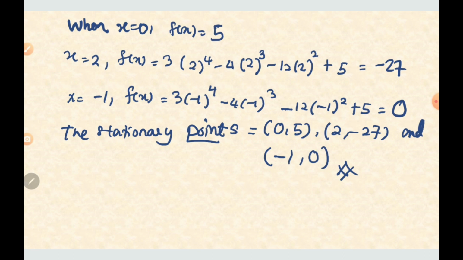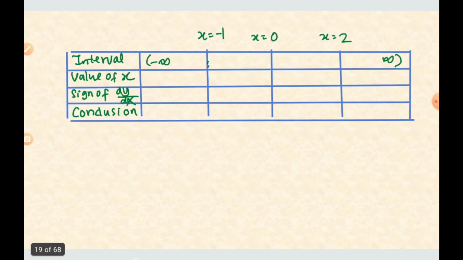Okay, then we need to determine the nature of the function. Stationary here means maximum or minimum; we don't know yet until we substitute into the table. So this is the table that you need to test the value of x.